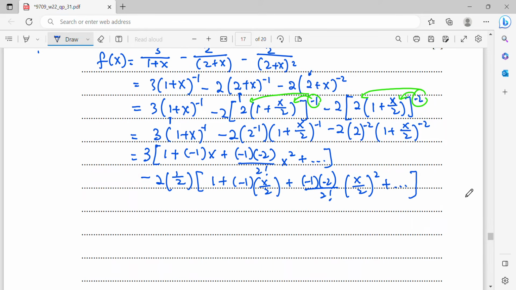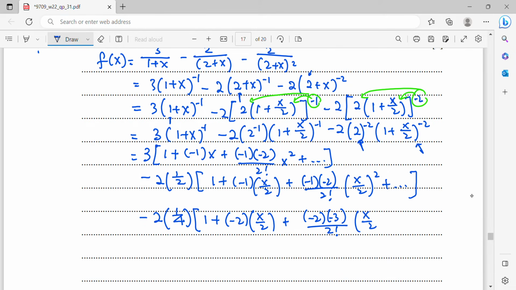Okay, and don't forget the last term. So minus 2 bracket. Now, for this, 2 power negative 2 is basically 1 over 4. To do this expansion, remember your n now becomes minus 2. So I will get 1 plus n x, then plus n minus 1, which is minus 3 over 2 factorial, and x over 2 squared.